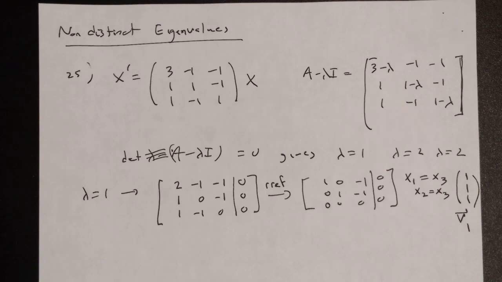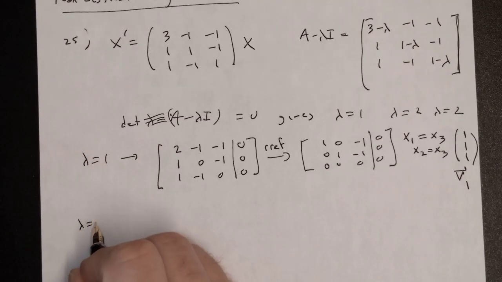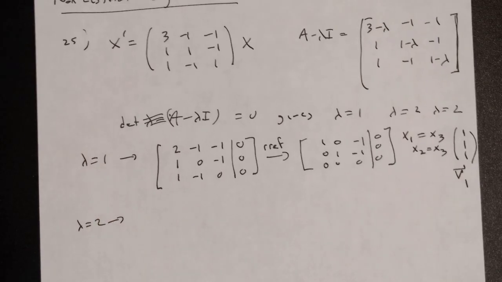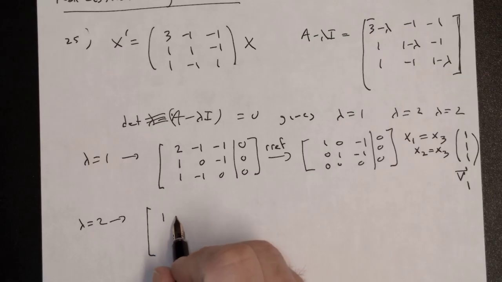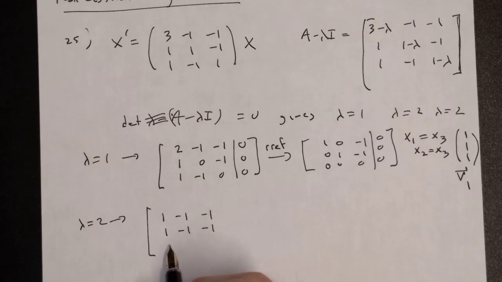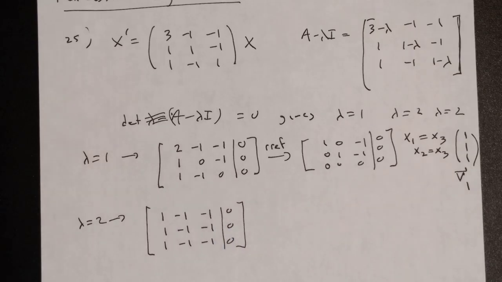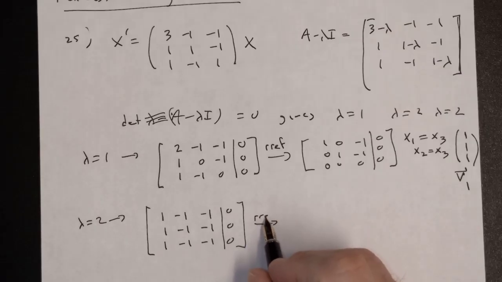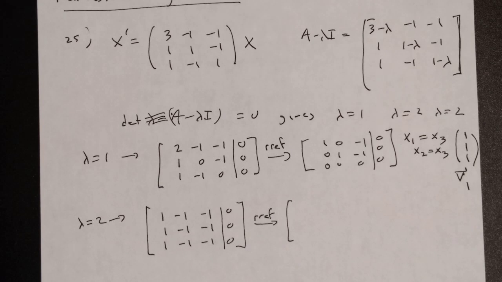But what happens when lambda equals 2? As soon as I put in the value 2, I notice all 3 rows are exactly the same.